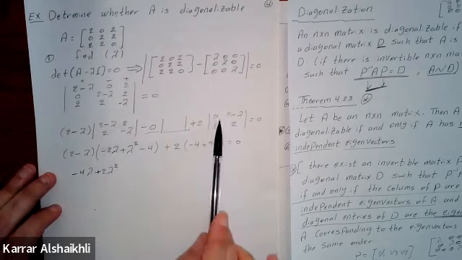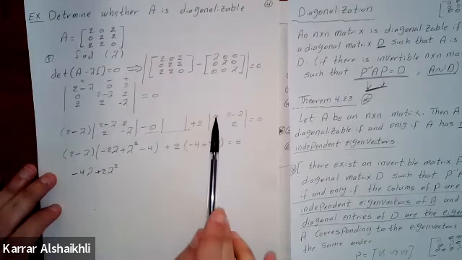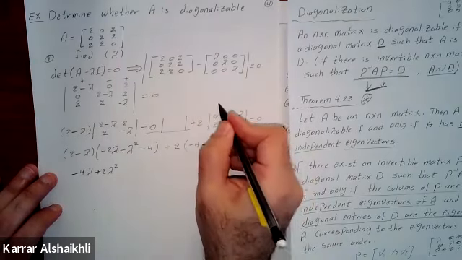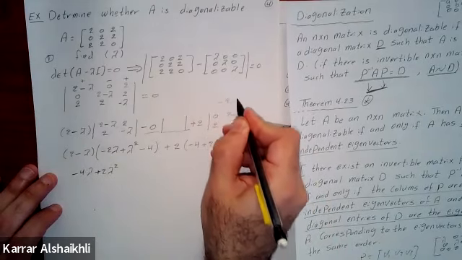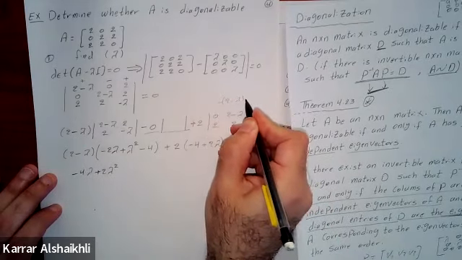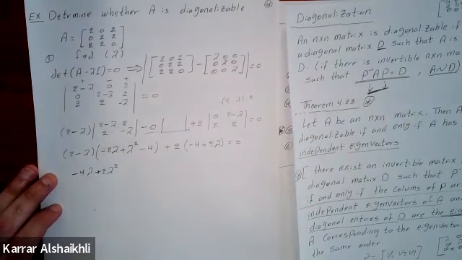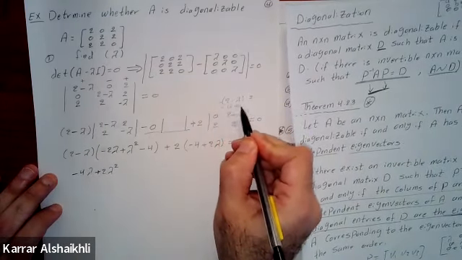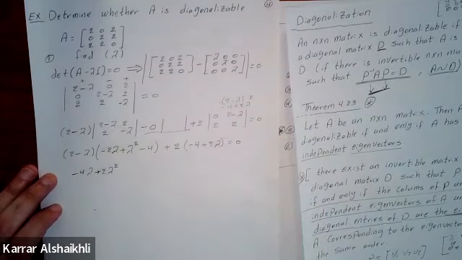Same thing here, because this is the determinant of this matrix. 0 times 2 is going to be 0, minus this one is going to be minus 2 minus lambda times 2. Okay, so it's going to be -4 plus 2 lambda.